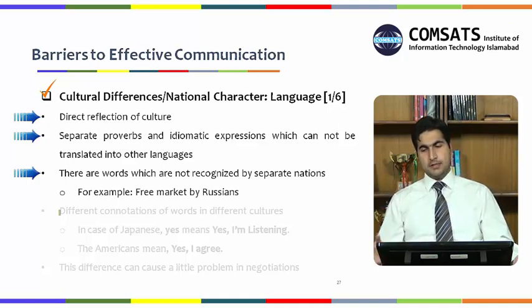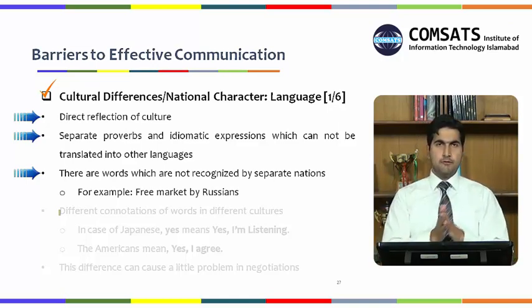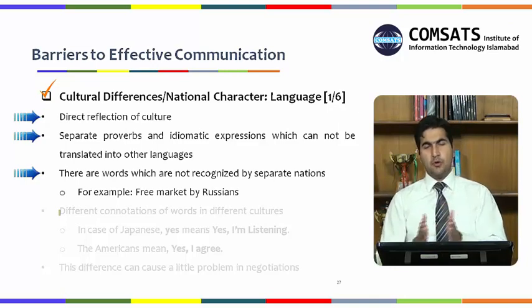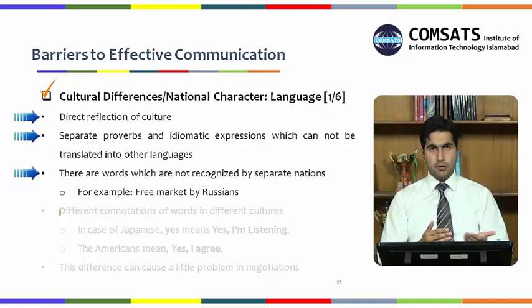The planned economic system is a bit different from the free economic system, which is why it is generally considered that Russians are not going to recognize or acknowledge this free market, and if this term or concept is introduced, that can become a barrier as well.